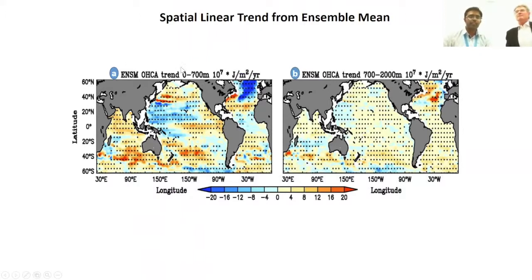This is in the upper 700 meter, and this is from 700 to 2000 meter. So there is a presence of strong heat uptake in the subtropical gyres. This is the mean. I was wondering about the standard deviation, so the spread of this pattern.